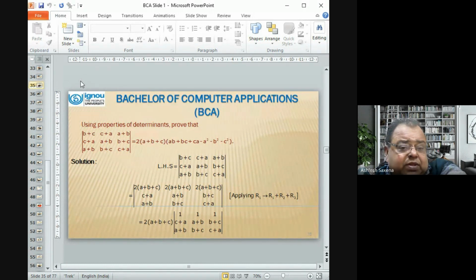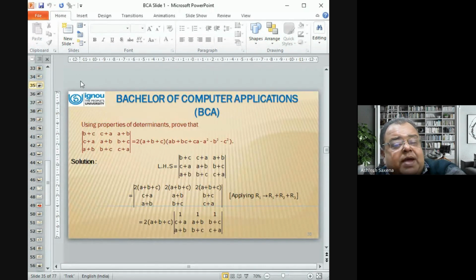So I will be left with a plus b plus c. I took 2 times a plus b plus c, and going back to the right hand side of the equation, I can see that I have already achieved two things that were to be proved.